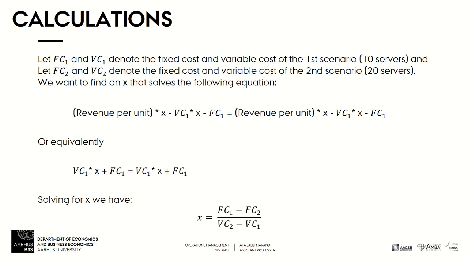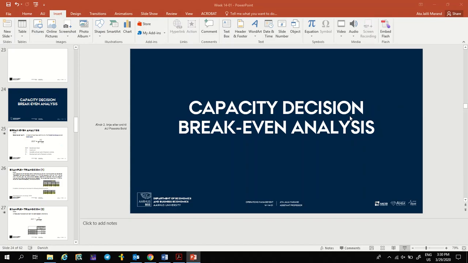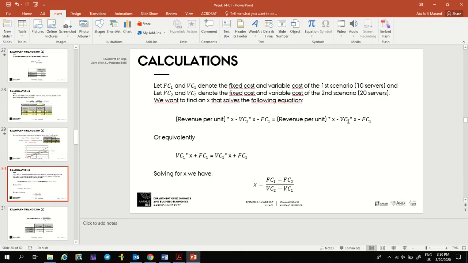So we have FC1 and VC1 to denote the fixed cost and variable cost of the first alternative, respectively. And then on the right-hand side, these numbers should be 2, so I will fix it now. Okay.